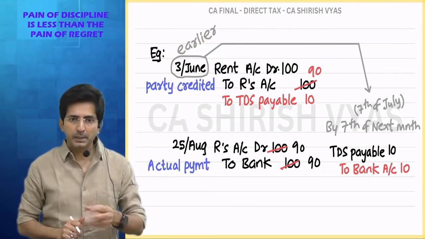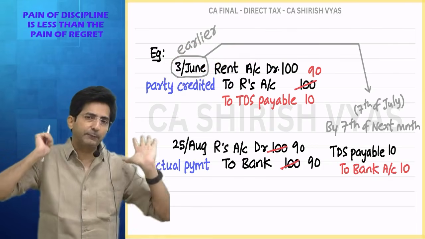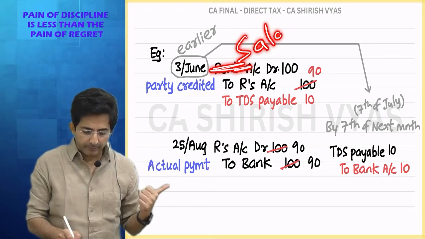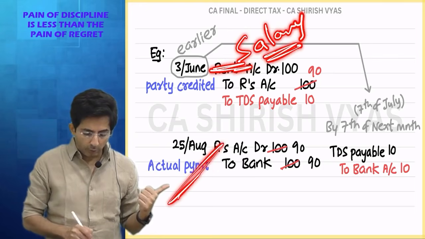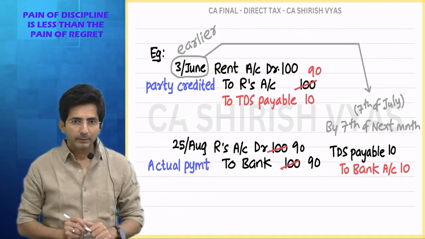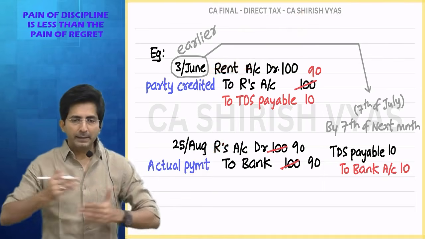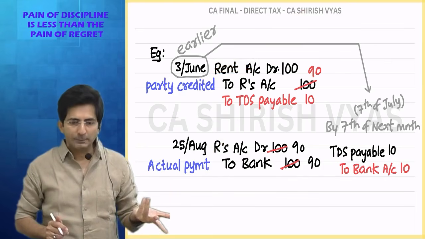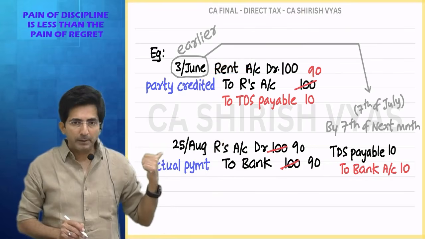Staff salary, as I said, generally you will pay on the spot. But by chance if it happens that salary of Mr. R was paid in August, it was paid late, then what will happen? Will you credit the party's account on the earlier date, or will you select actual payment? You select actual payment. So tell me what change will happen in my journal entry.